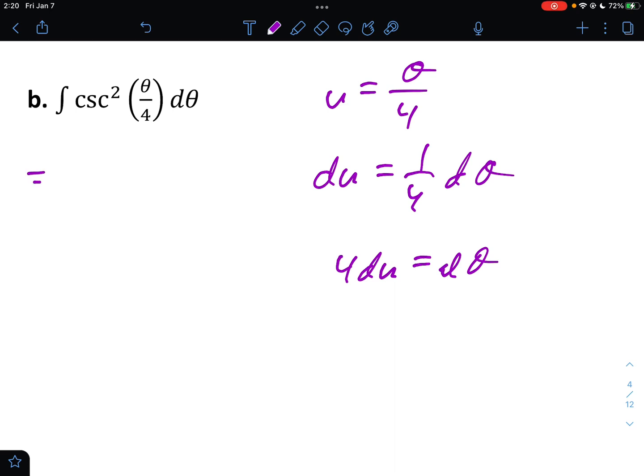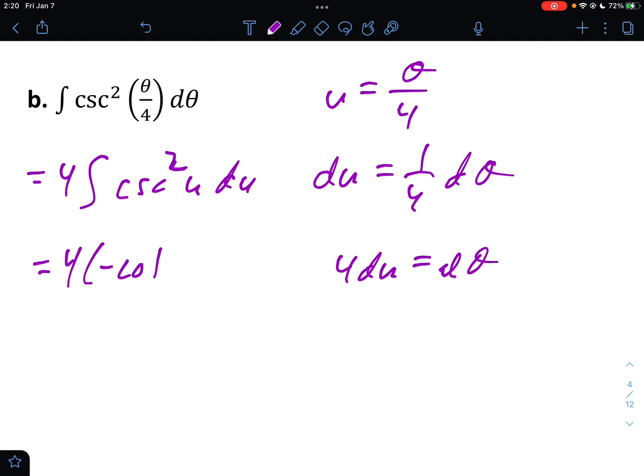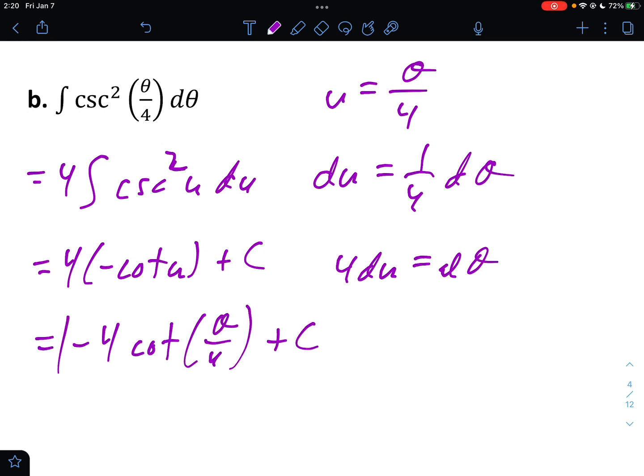So over here, I'm going to write 4 antiderivative of cosecant squared u du. So the antiderivative of cosecant squared is negative cotangent. And back substitution would give us this is our final answer.